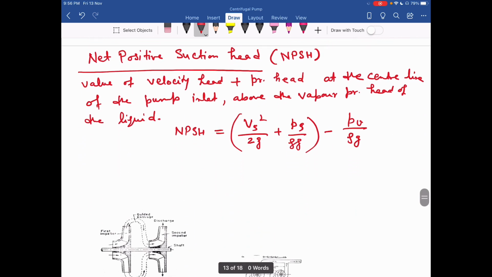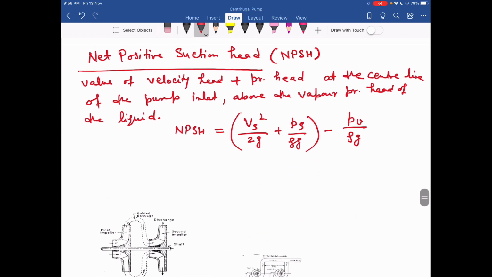So I can write Ps divided by rho G is equal to Pa divided by rho G minus Hs minus Vs square divided by 2G minus HFS.